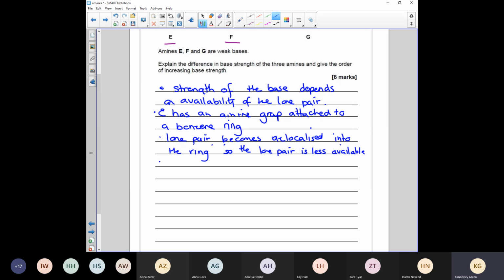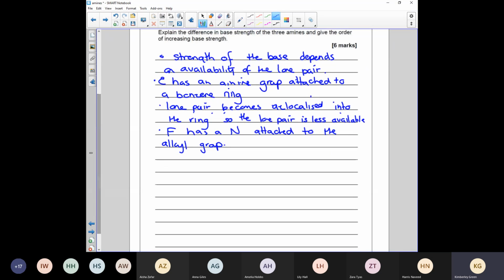In terms of F this time, F has a nitrogen attached to the alkyl group, so it's on the end of a carbon chain. What do alkyl groups like to do? Alkyl groups have a positive inductive effect.